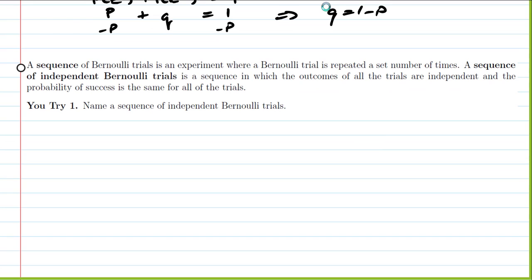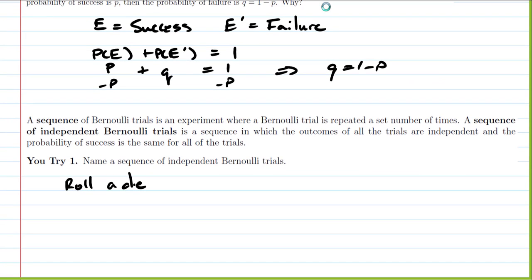All right. So roll a die. Success: roll a 1. Fail: everything else.